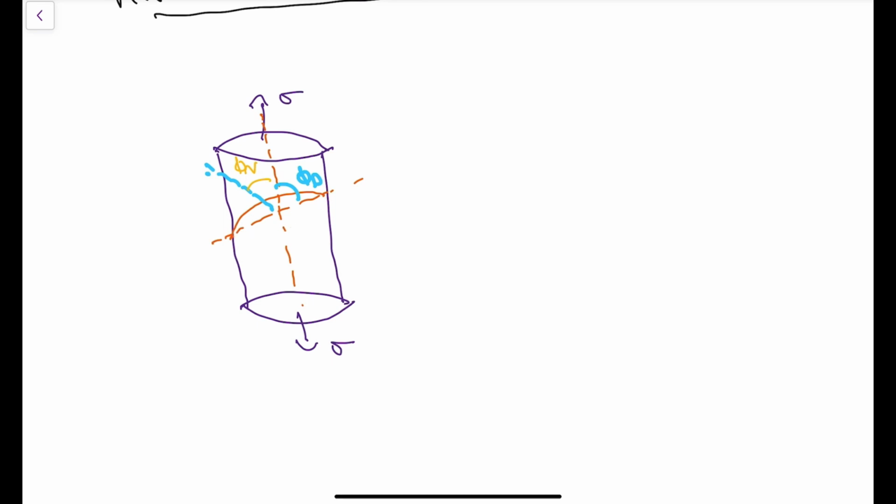Let me redraw it to make it a little clearer. Now it is much clearer. These are the angles phi n and phi d. The normal to the inclined plane with the vertical axis gives you phi n, and you have the angle phi d also.